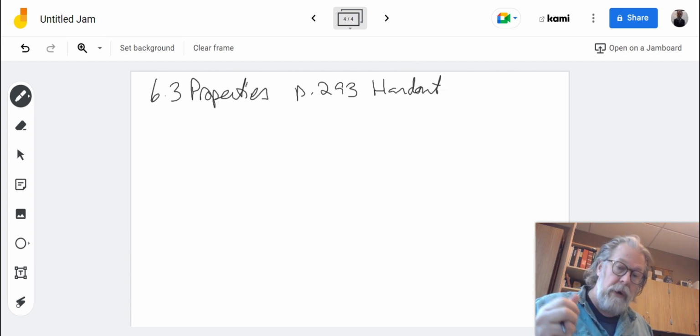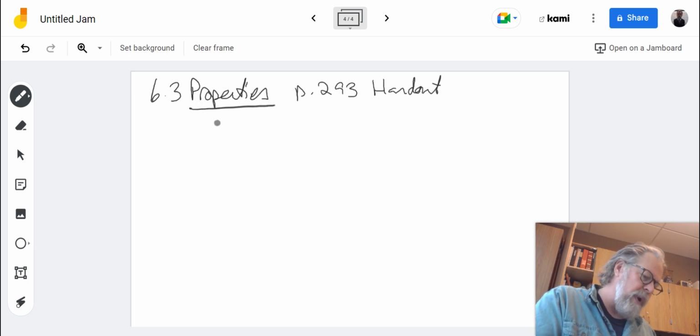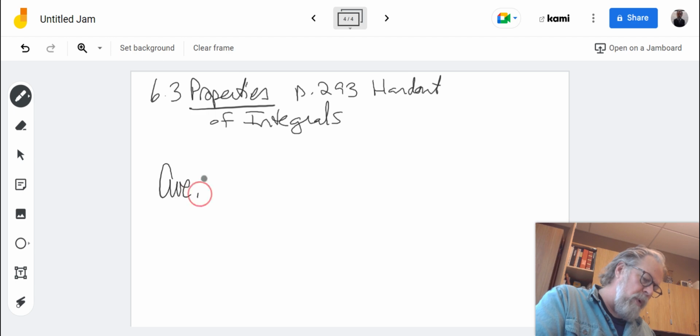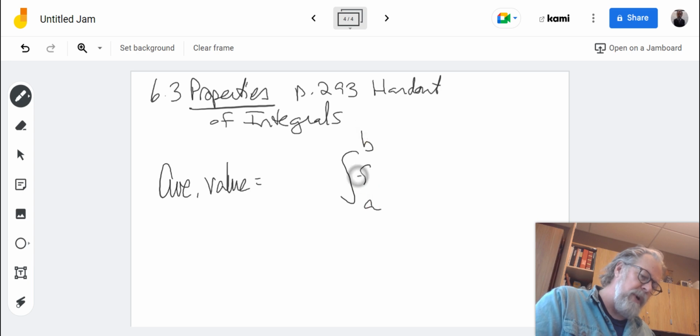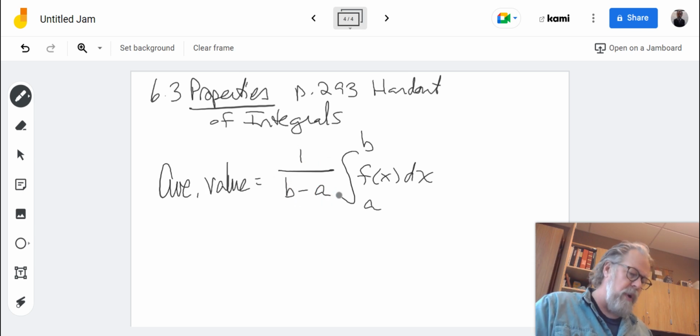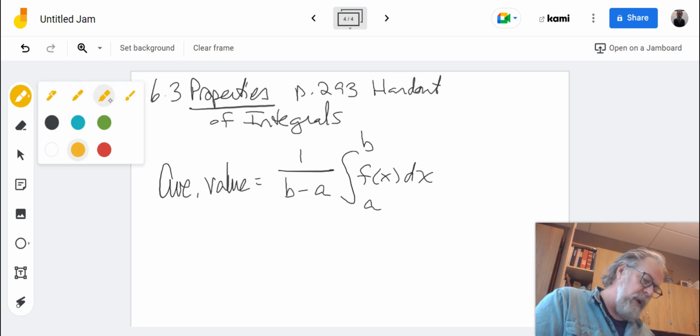And if you're just here to learn a little bit more about calculus, then jump on the internet and type in properties of integrals, and you will find multiple resources. We will add one more thing: the average value of a function is the area under the curve from a to b. So you take that total area under the curve, and then you divide it by the width of the curve.